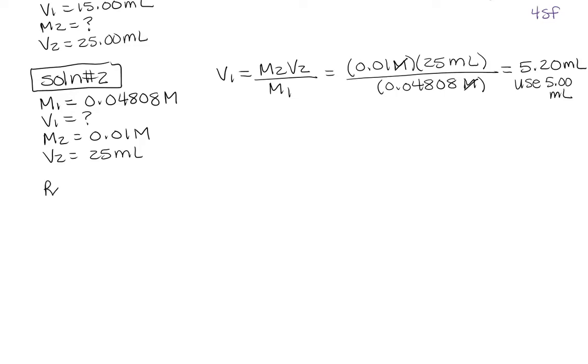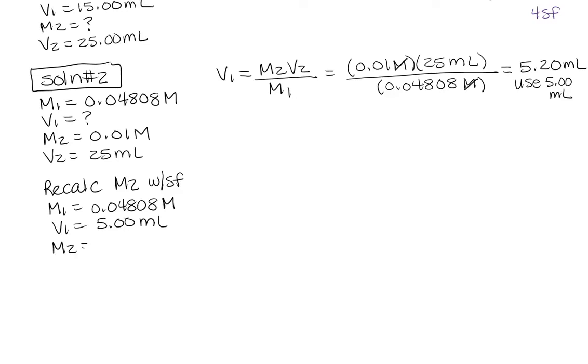So now we're going to recalculate the molarity, taking into account the sig figs. So M1, 0.04808 molar, V1, 5 mL, 5.00. M2 is what we're trying to figure out, and V2, 25.00.